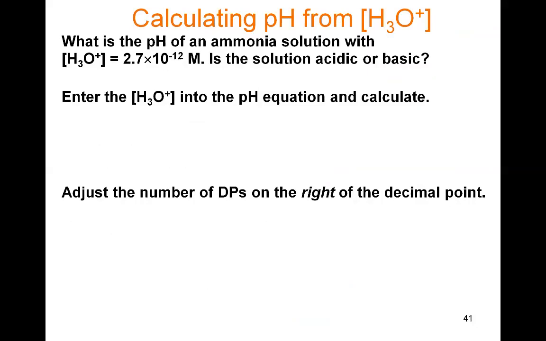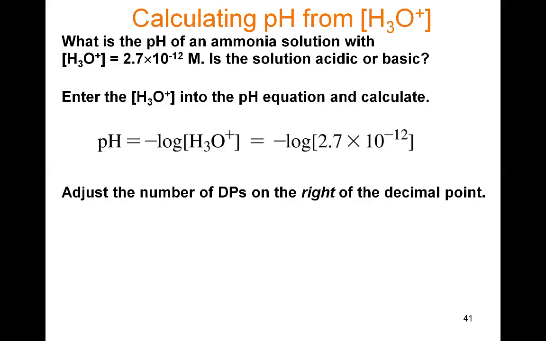The first step would be to enter the H3O+ concentration into the pH equation. First, I would prefer that you actually write the pH equation. When you know the H3O+ concentration and you want the pH, pH equals negative log of [H3O+].